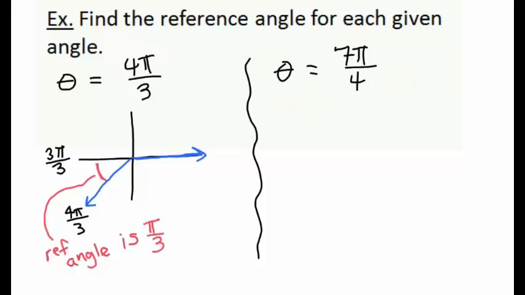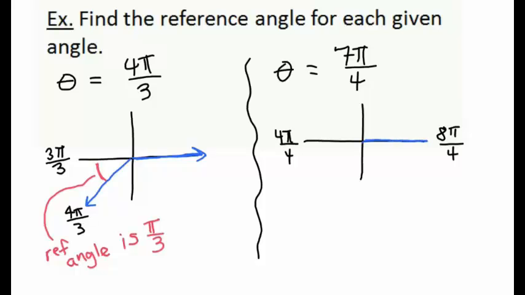Moving over to our second example, we have theta equals 7 pi by 4. Once again, let's try to plot this and figure out where this is going to be. Well, 4 pi by 4 is here at 180 degrees, and 8 pi by 4 is over here at 360 degrees.